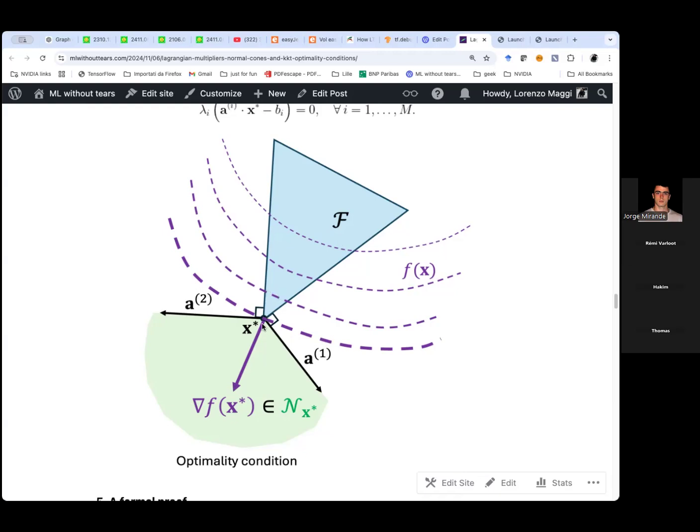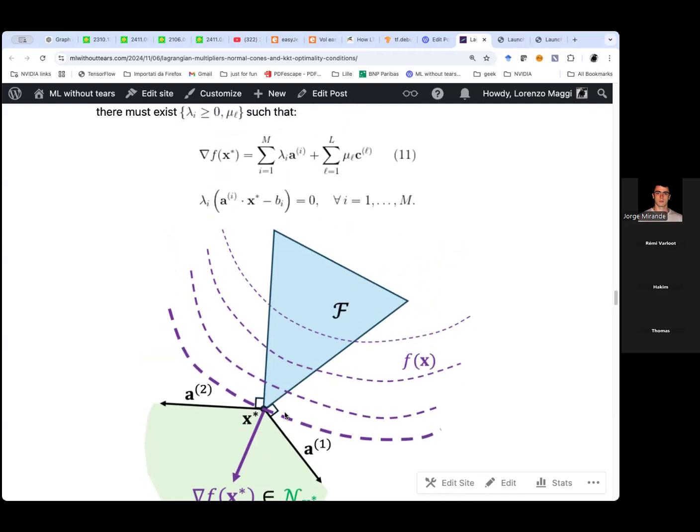The gradient, which is perpendicular to the contour of the function, has to lie inside this normal cone, which is the cone defined by these vectors. And if this is the case, well, it's not actually sufficient yet, but it means that any optimal point must satisfy this.